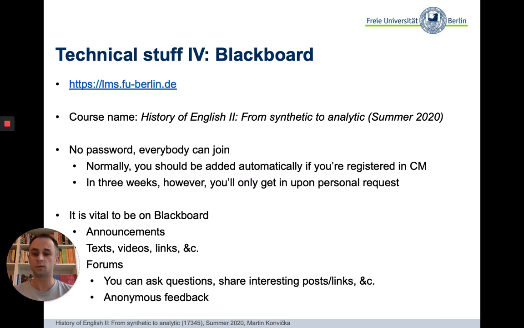There is no password needed and everybody can join. Actually, you should normally be added to this group if you're registered on campus management. I said that there is going to be no password, but in 3 weeks' time, when everybody is enrolled, you'll only get in upon personal request to me. So that to secure that everybody who is in that group is actually participating in our seminar.